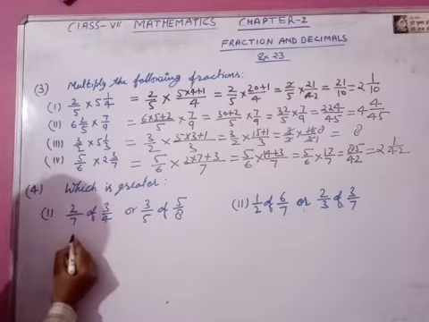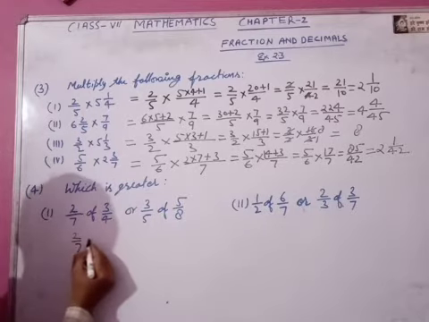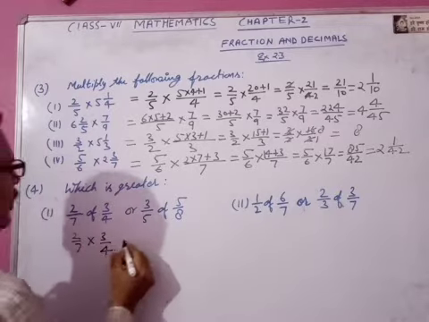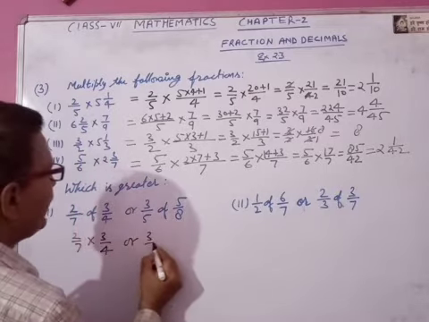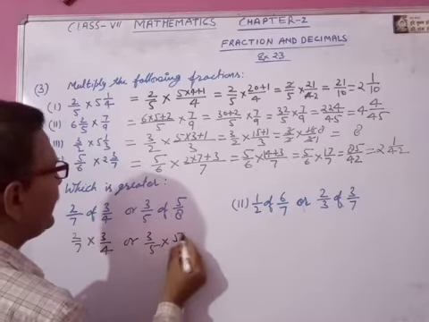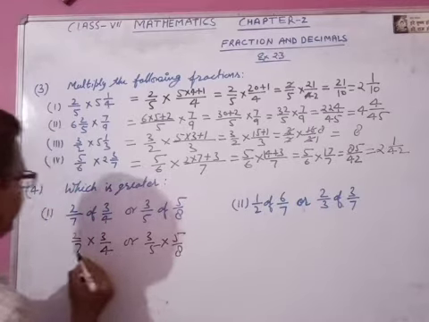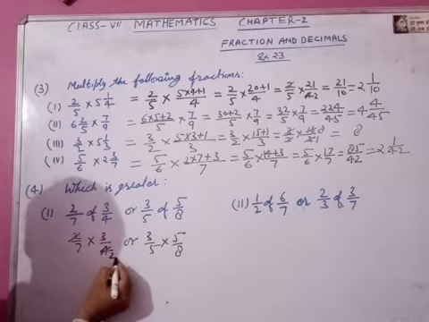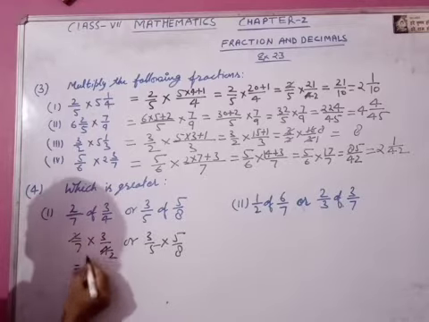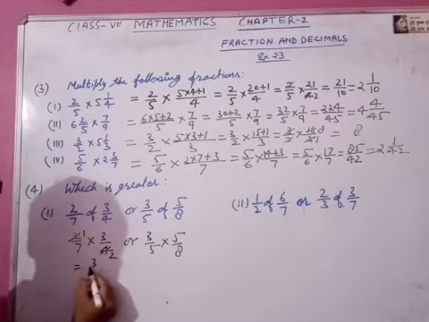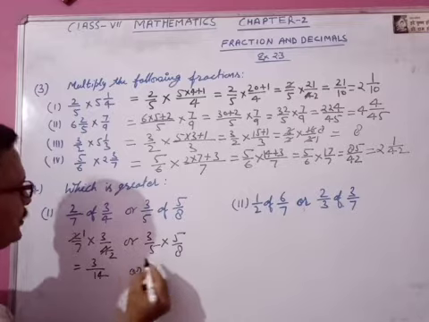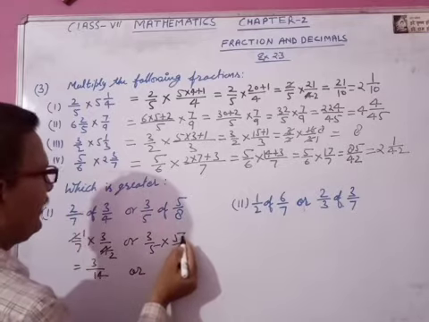Here 2 upon 7 of means multiplication, 3 upon 4, or 3 upon 5 multiplied by 5 upon 8. Now you can cancel 2 2 ja 4 and 3 1 ja 3 upon 7 2 ja 14, or you are saying 5, you can cancel it.